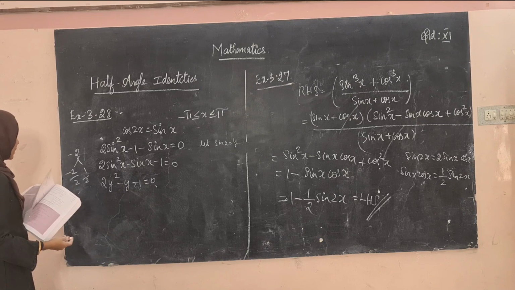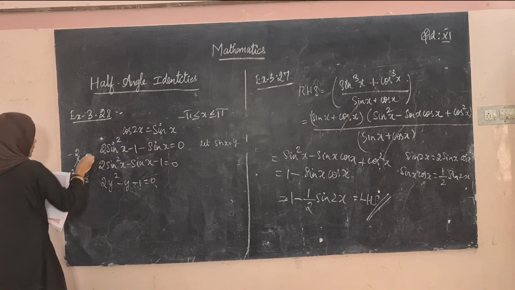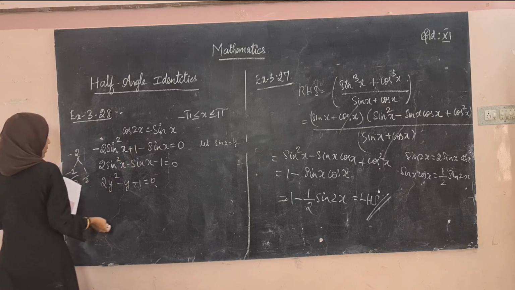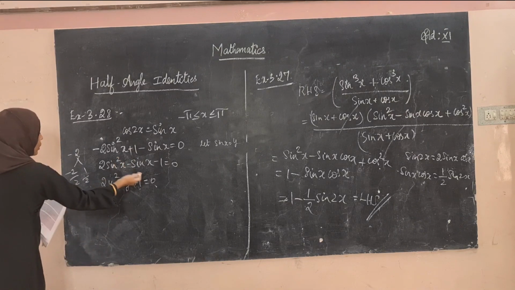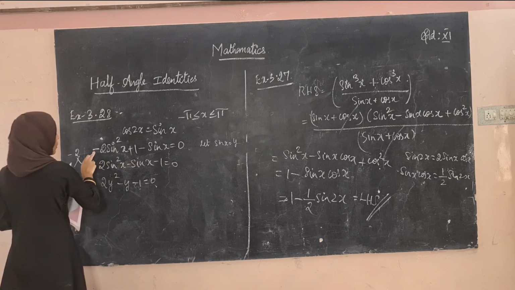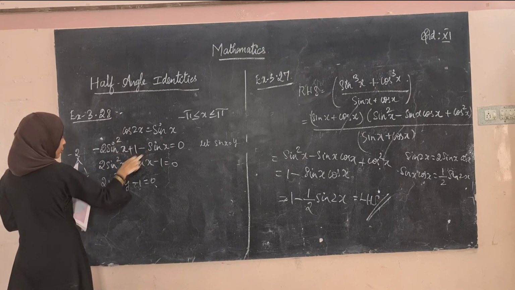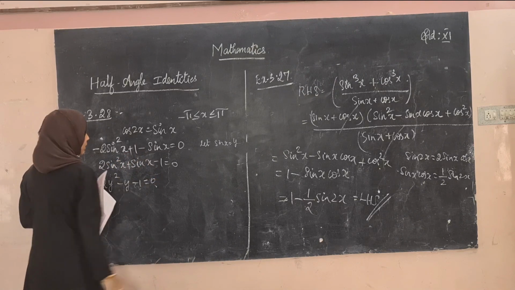Now you have to multiply all the terms with minus here. Minus into minus becomes plus, and minus into minus becomes plus, and minus into 1 becomes minus.